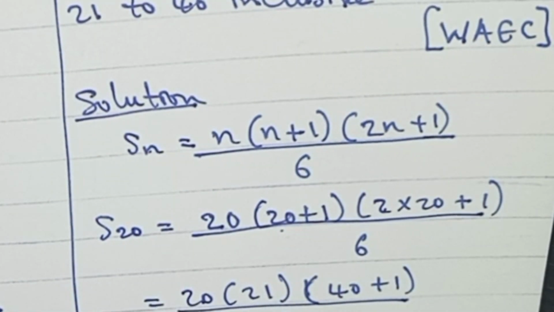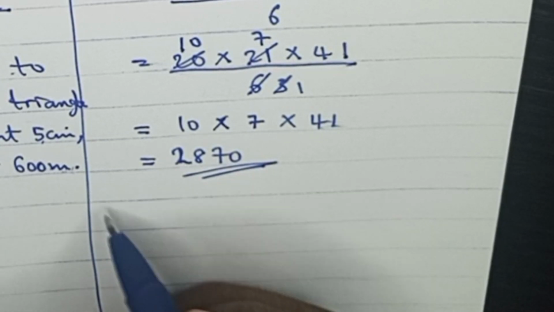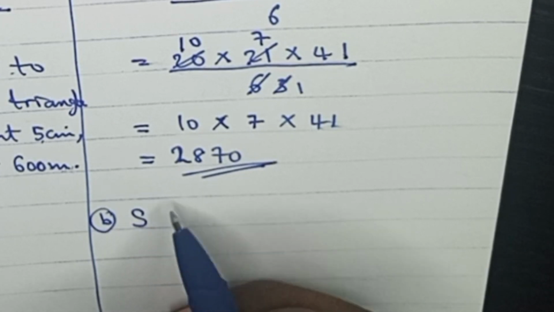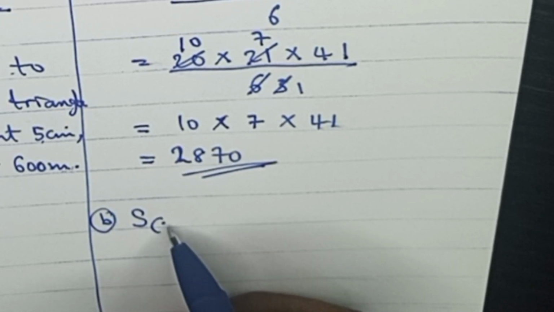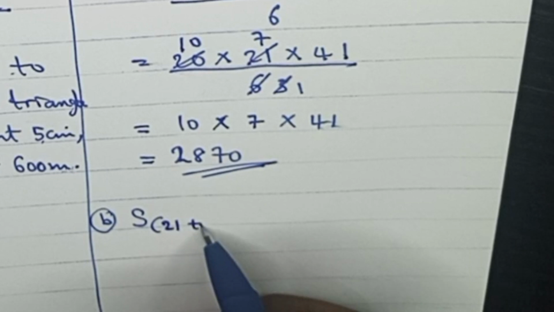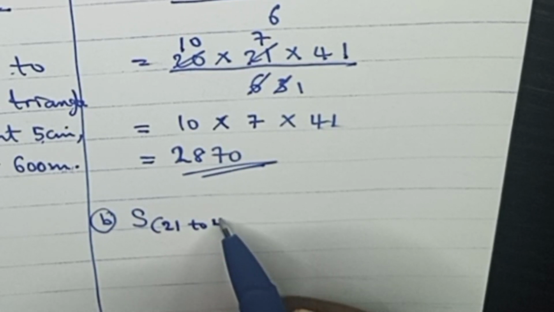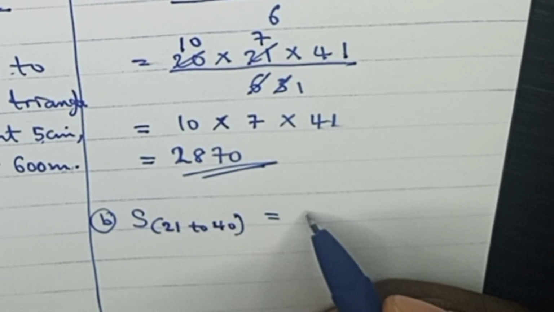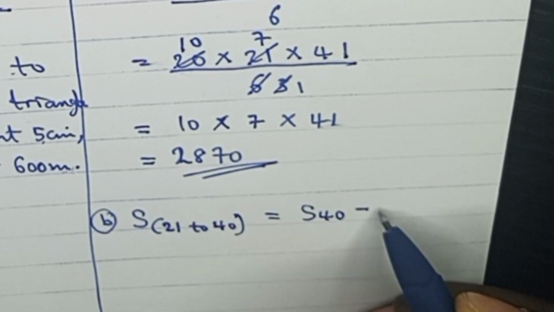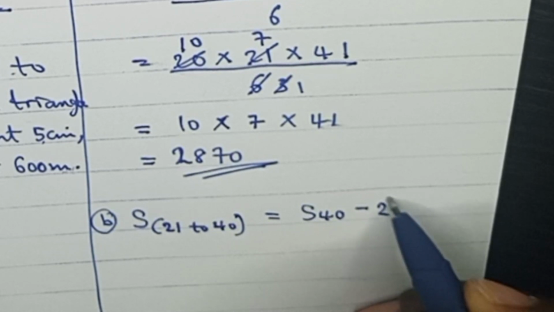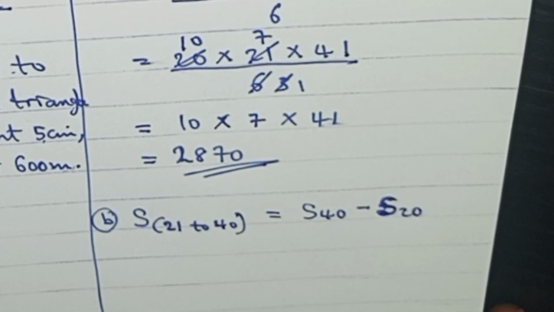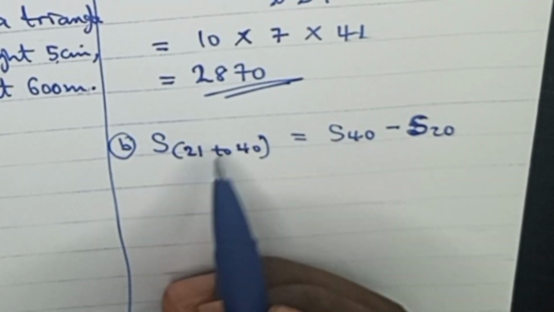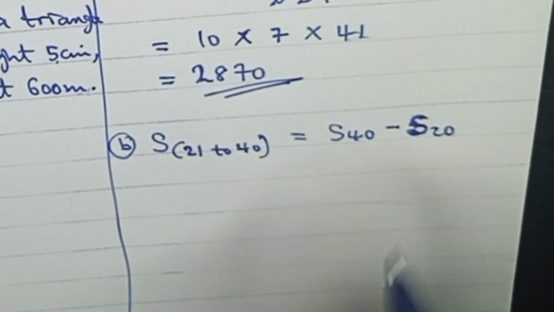Let me write this B now. For us to find from 21 to 40, we are going to say S40 minus S20. So what's the meaning of this?